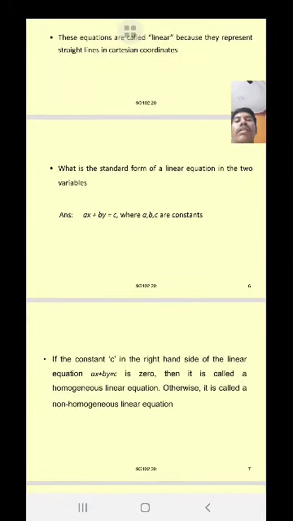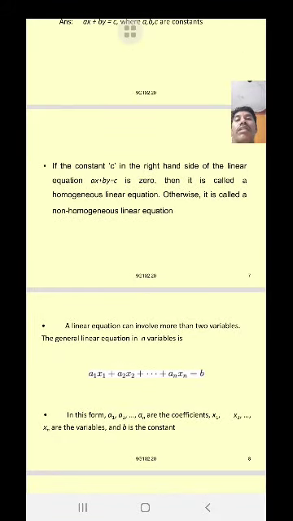What is the standard form of a linear equation in two variables? The answer is ax plus by equals c, where a, b, c are constants.